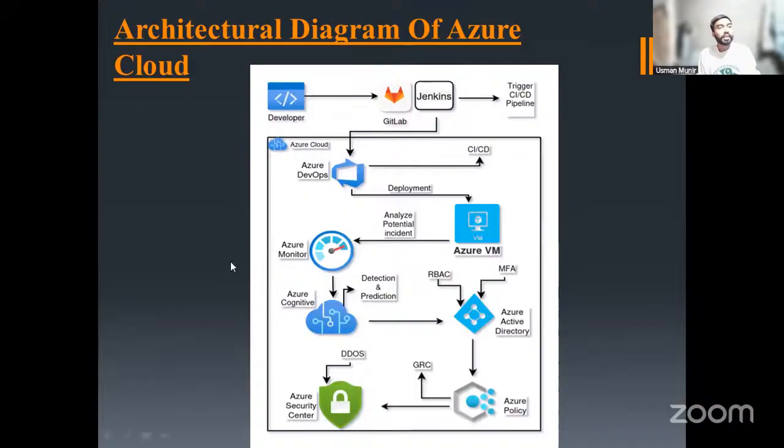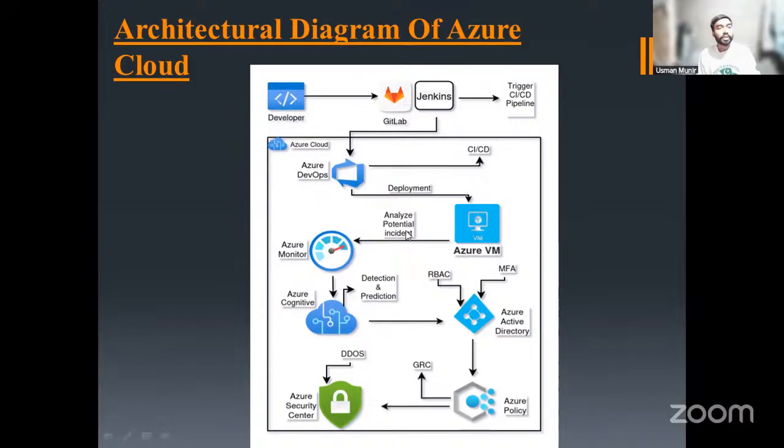And the architecture diagram of Azure cloud is here. The developer develops code in GitLab, and Jenkins triggers the CI/CD pipeline for continuous integration and continuous delivery of code. Then Azure DevOps deploys this code on Azure virtual machines.